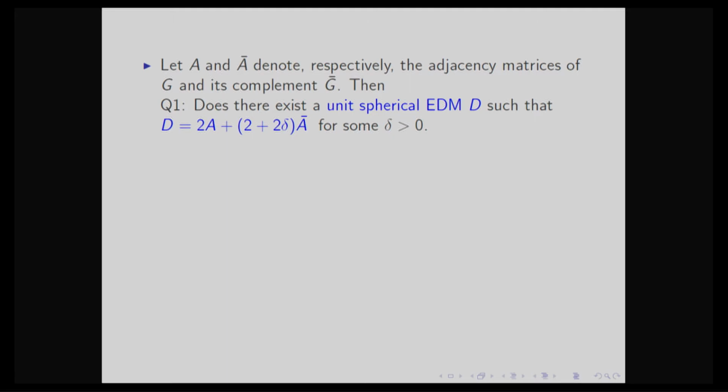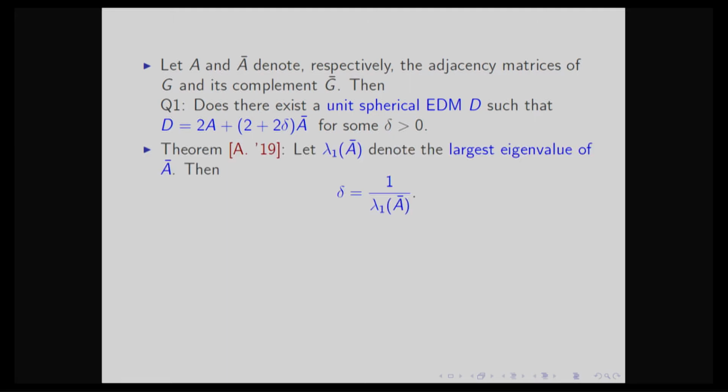All the entries corresponding to the edges of the graph are equal to 2, and all the distances corresponding to non-edges are bigger than 2 because delta is positive. So the question boils down to this: does there exist such a thing? And how do you get it? How do you determine delta?